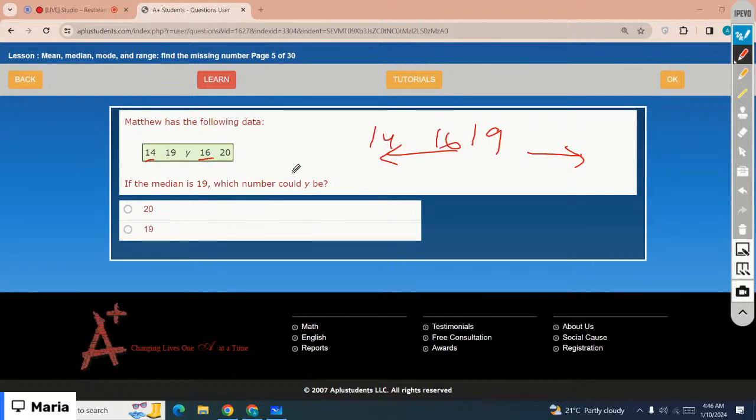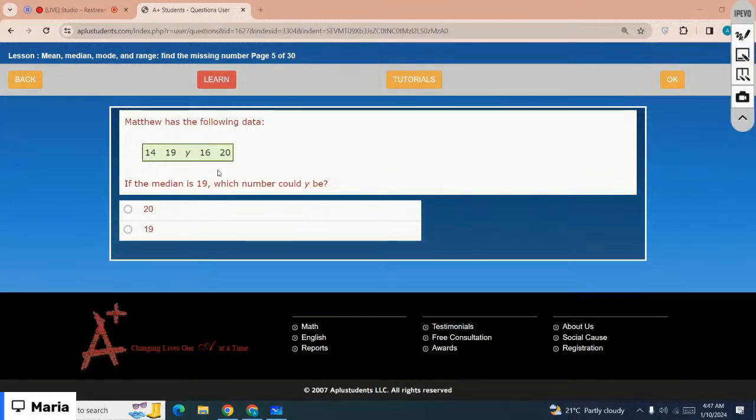Now for greater than 19, you must have two numbers on this side. One of them is 20. That means Y must be greater than 19, so Y is 20. The correct option is 20, right?